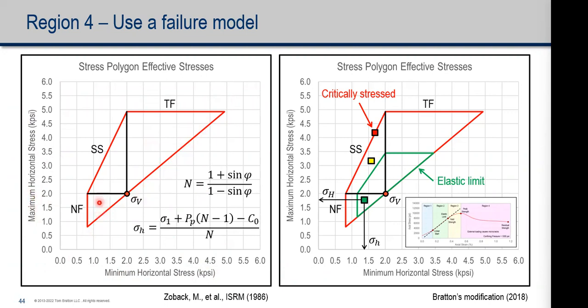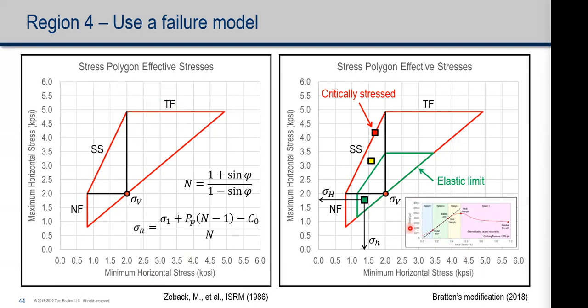So the stress combination between max and min needs to be on the inside of this stress polygon. If you're over here on the edge, then you're at a state of failure, and this would be the normal faulting failure. Here you're strike slip, and here you're thrust faulting.